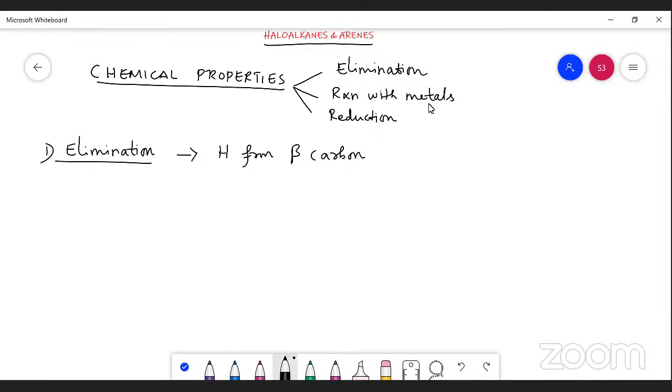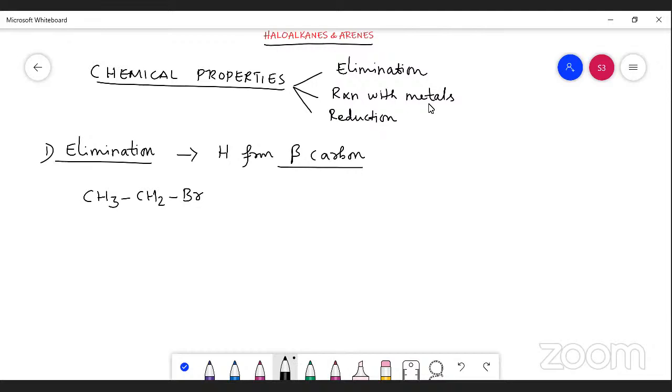Students, this is a new word, beta carbon. What is this beta carbon? Suppose I take a haloalkane as an example, CH3, CH2, Br.